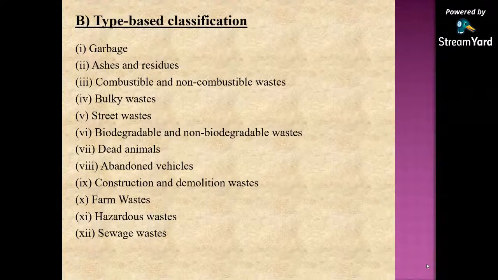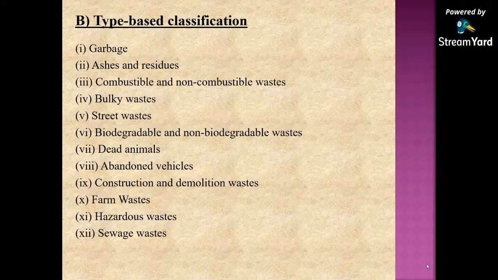Next type-based classification is biodegradable and non-biodegradable waste. Biodegradable waste mainly refers to substances which consist of organic matter such as leftover food, then vegetable, fruit peels, paper, textile, wood, etc., which are generated from various household and industrial activities.